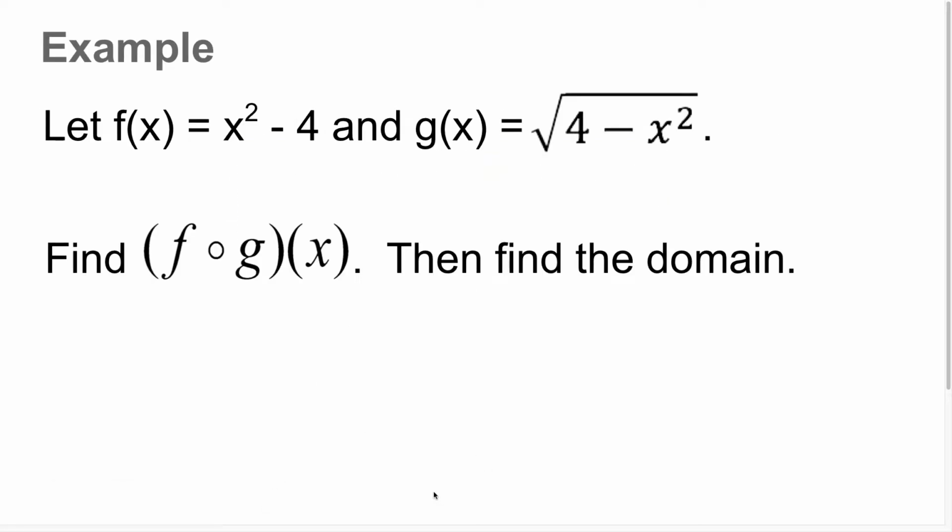Let's look at our first example. Let f of x equal x squared minus 4 and g of x equal the square root of 4 minus x squared.